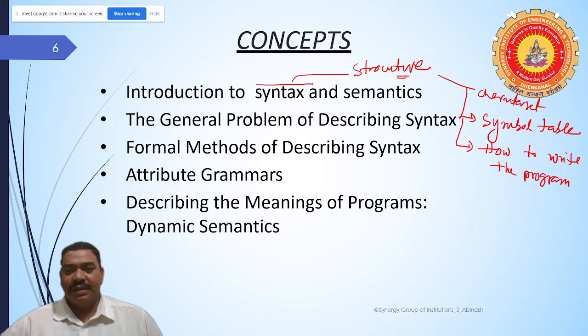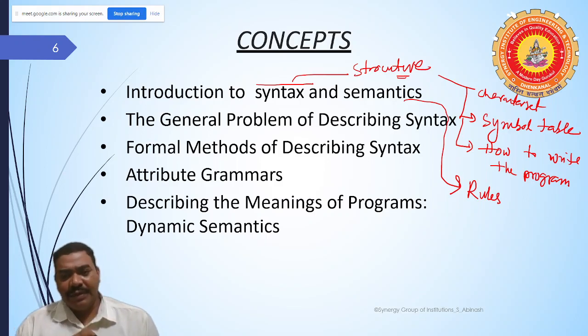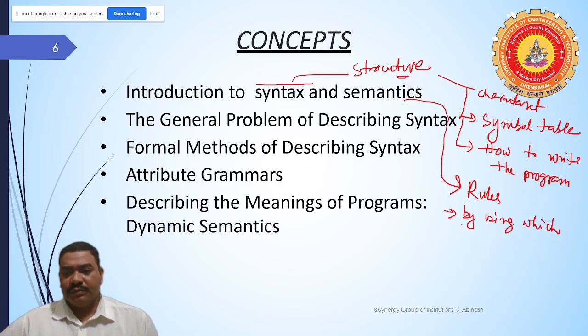And semantics means the rules by using which you will know whether a statement or an instruction is correct or not based on that language. So these are the rules by which the correctness of a statement can be checked.